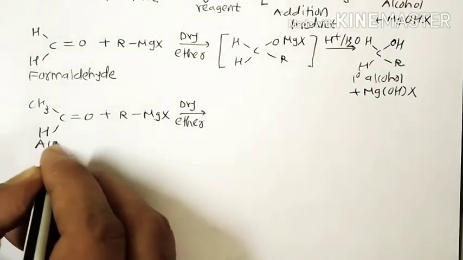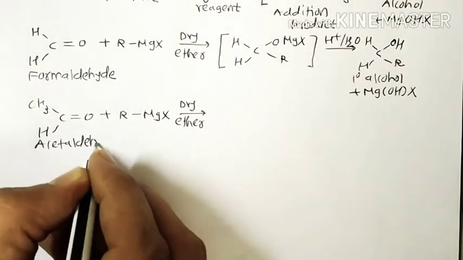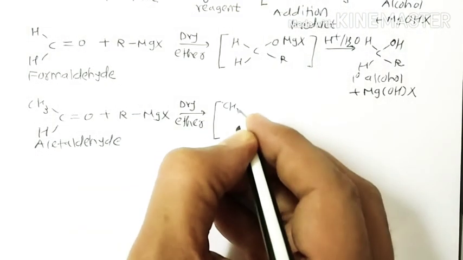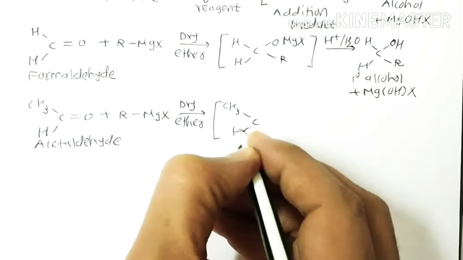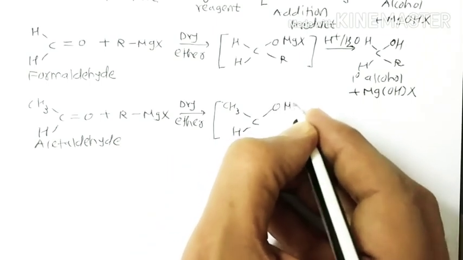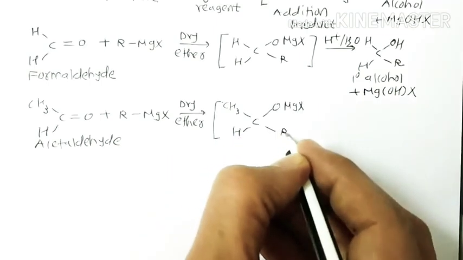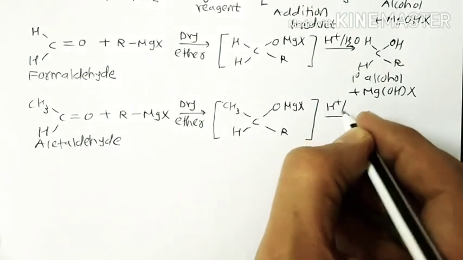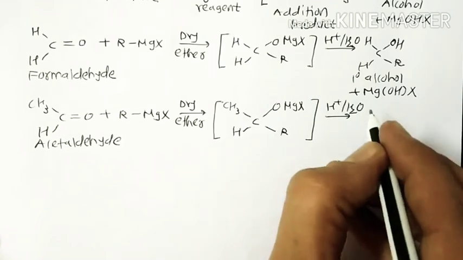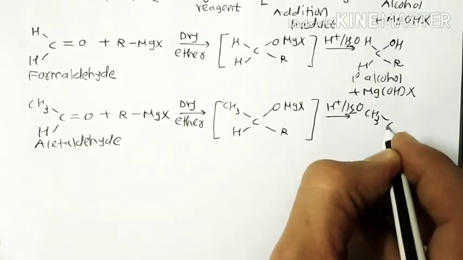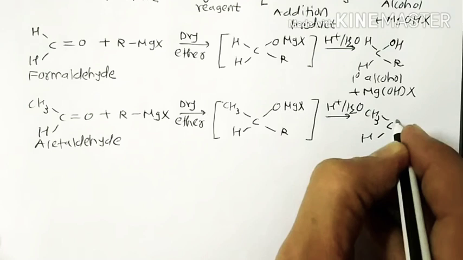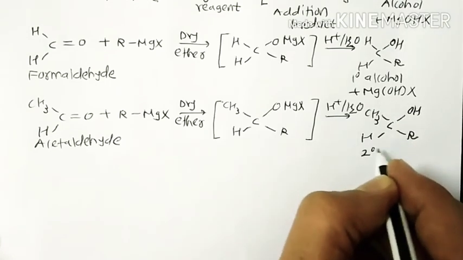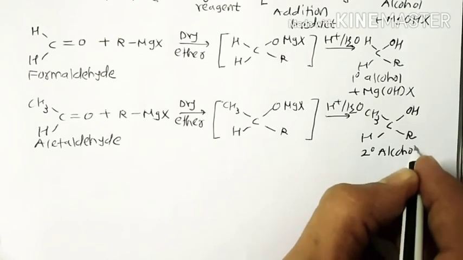So acetaldehyde reacts with the Grignard reagent and is converted into CH3CHOMgX and R. This addition product is then acidic hydrolyzed and converted into CH3CHOH and R, which is a secondary alcohol.